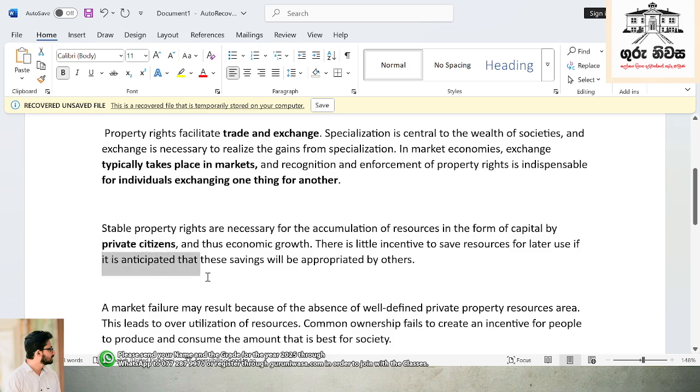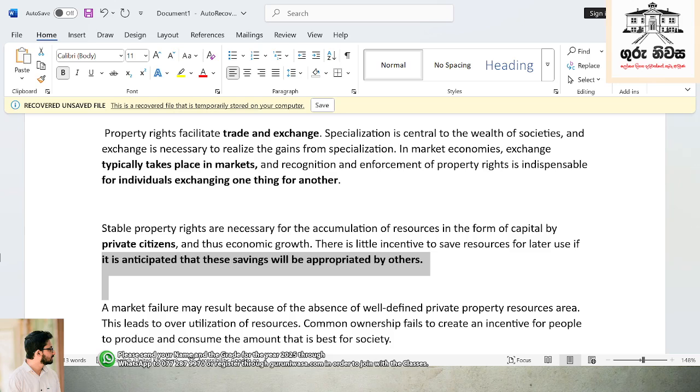Saving is very hard. Saving means you have to sacrifice your present consumption. That is a big decision. But if you think these savings won't come to me, one day I can save but someone else will come and withdraw my savings, then what is the point of saving? There is no incentive to save. No saving means no investment.